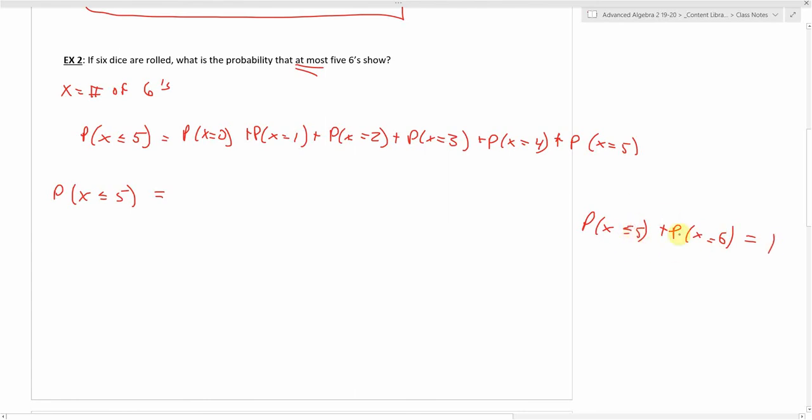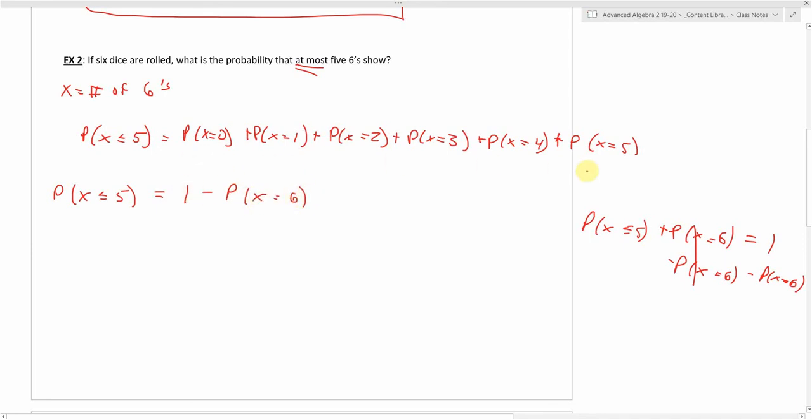The sum of all possible events must equal 1, which means that if you were to simply subtract the probability of getting 6 from both sides, then you would have the probability of getting less than or equal to 5. That's a bit of a long-winded way of saying that you could think of the probability of at most 5 as being 0, 1, 2, 3, 4, 5, or you could think of it as being not 6, or in other words, 1 minus the probability of getting all 6.